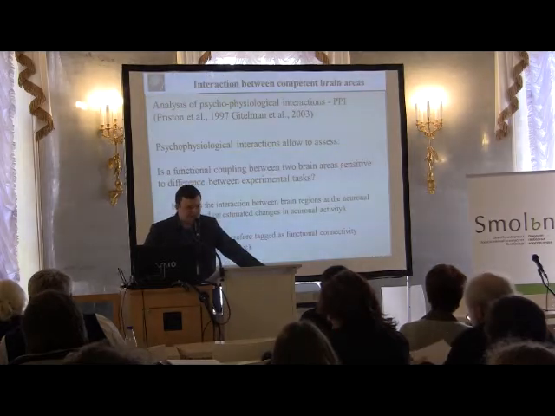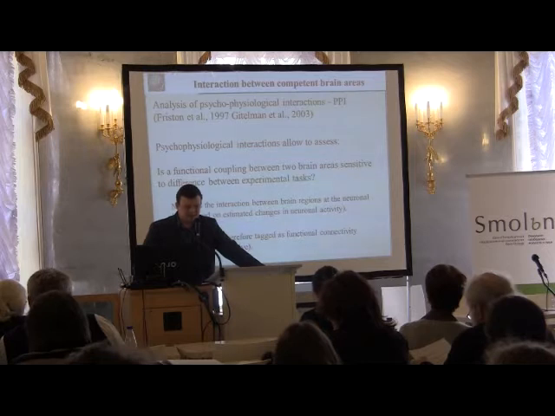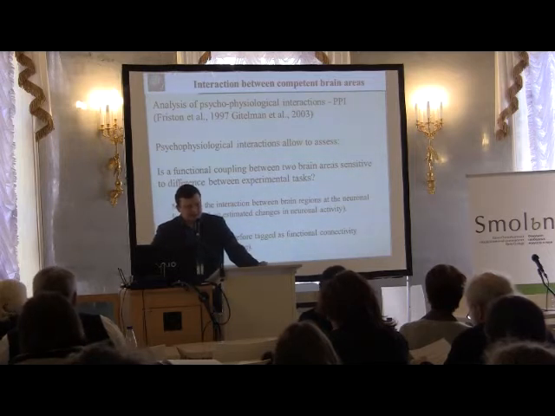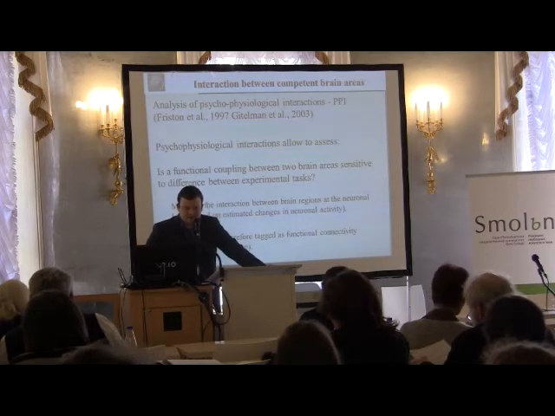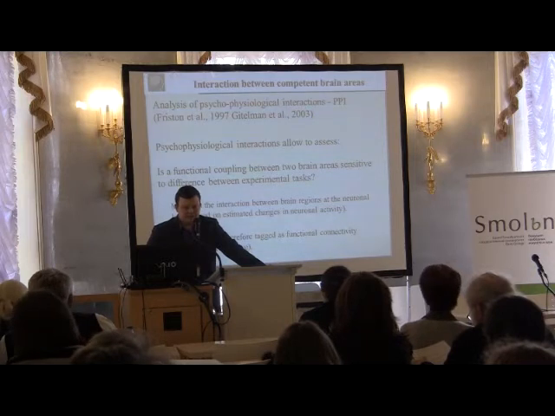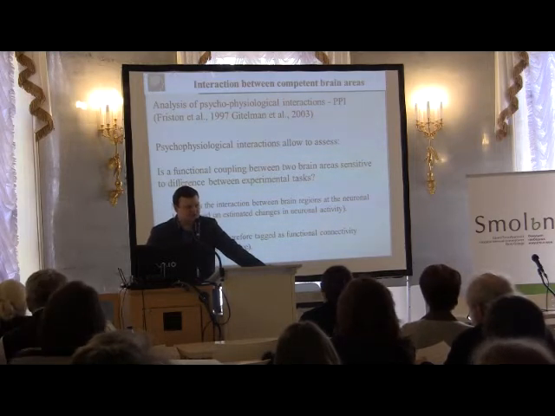There are some methods which allow you to analyze functional connectivity, the connectivity between brain areas involved in some task. Here is one such example: the analysis of psychophysiological interaction, also called PPI analysis.